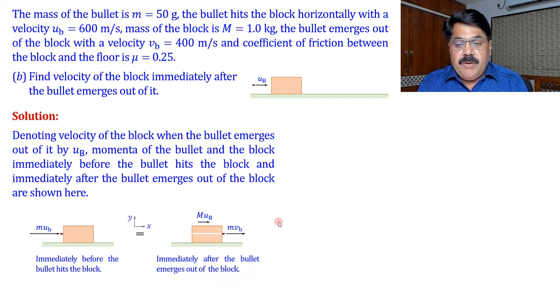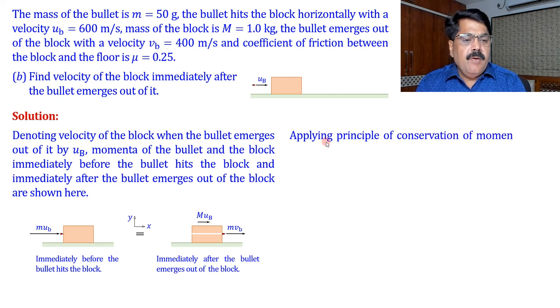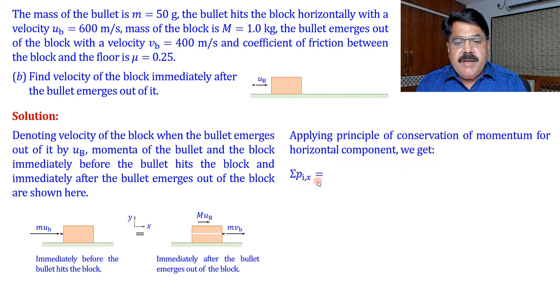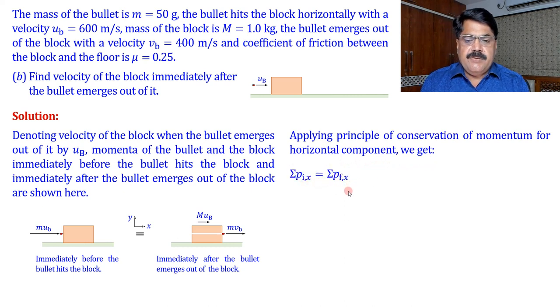Now we use this coordinate system, so there is no need to go in the y direction, we only consider the x direction. So horizontal momentum we assume practically conserved. Applying the principle of conservation of momentum for the horizontal component, we get summation p_ix equals summation p_final x. So what is summation p_ix? Small m u_b.